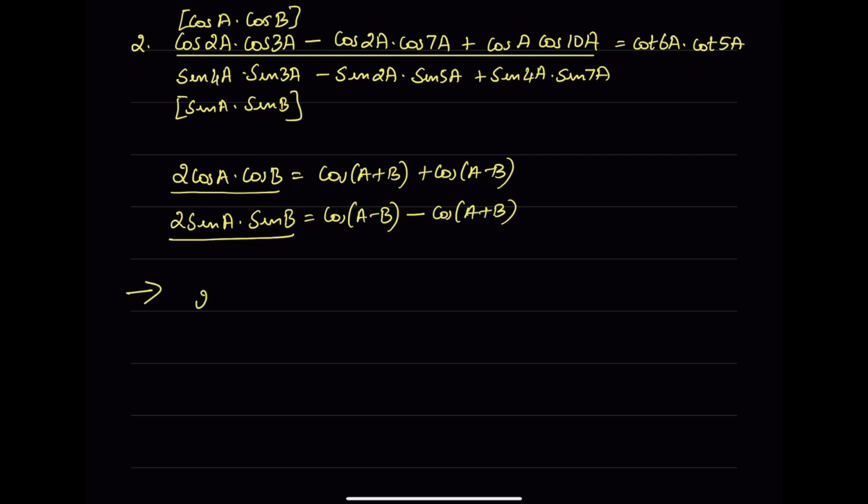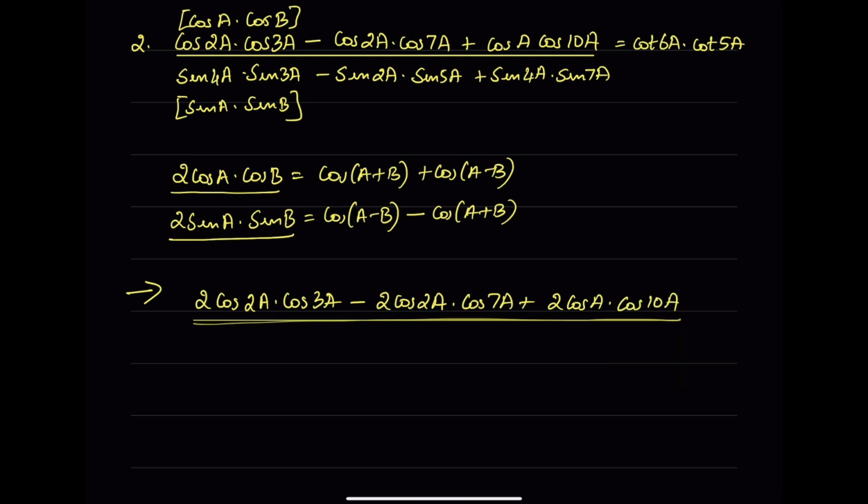So the question can be rewritten as 2 cos 2a cos 3a minus 2 cos 2a cos 7a plus 2 cos a cos 10a, and the denominator would be all the terms multiplied by 2. So 2 sin 4a sin 3a minus 2 sin 2a sin 5a plus 2 sin 4a sin 7a.